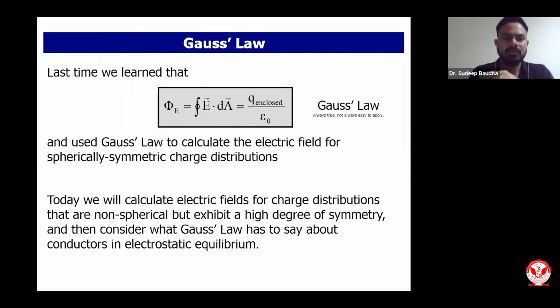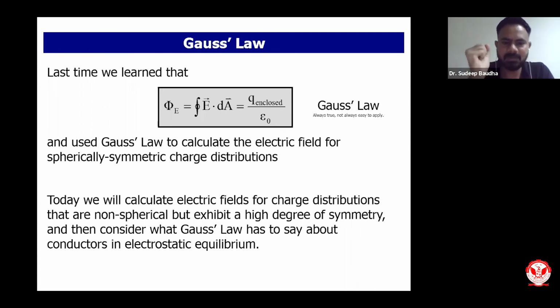If you recall, we have just done this, pertaining to the last lecture. This is the world famous Gauss law, which says electric flux is equal to enclosed charge divided by epsilon naught. We have used this Gauss law to calculate the electric field for symmetrical charge distributions, as you have already seen.